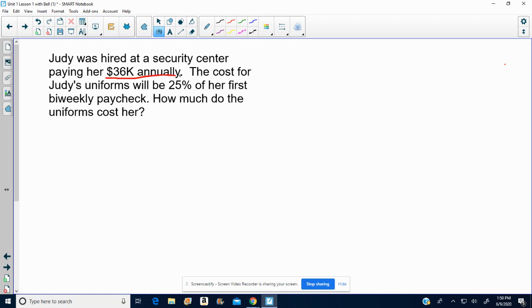First reason I love this question is the way that they notated her annual salary. You'll hear it abbreviated this way a lot, and you need to know how much money that is. It's not $36. K stands for kilos, like when you're dealing with the metric system, kilos mean 1,000.